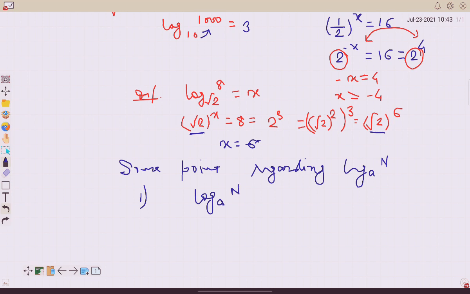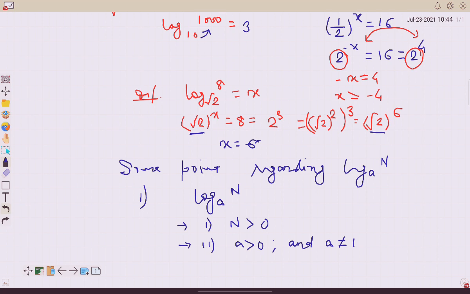Then first of all, our n must be greater than 0, which is the first condition of log. The second condition is that a must be greater than 0 and a should not be equal to 1. We can't take the value of a equal to 1. If you take a equal to 1, then it becomes a constant function. So in the next topic we will discuss what is the meaning of constant function.